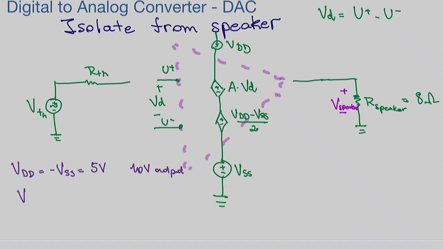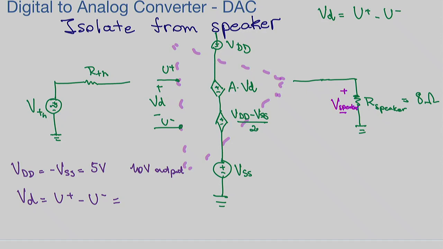Other question. Doing our voltage definitions. Our voltage differential in this case would be U plus minus U minus. But U plus and U minus are leads coming out of the op-amp that we can use to connect to other parts of the circuit.